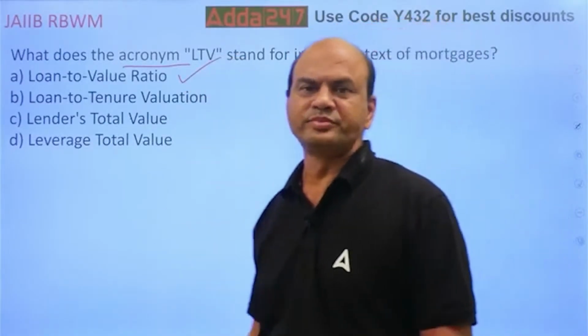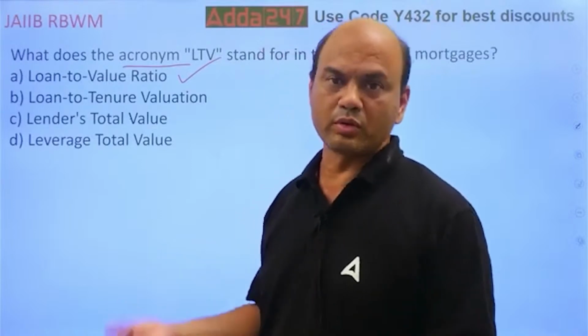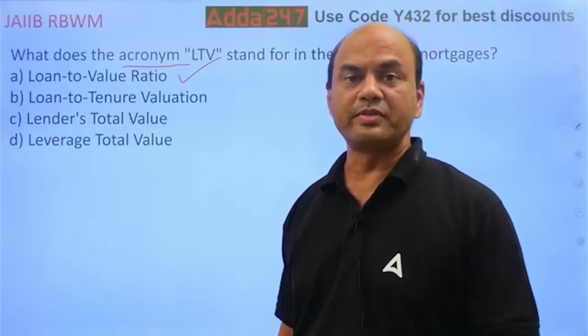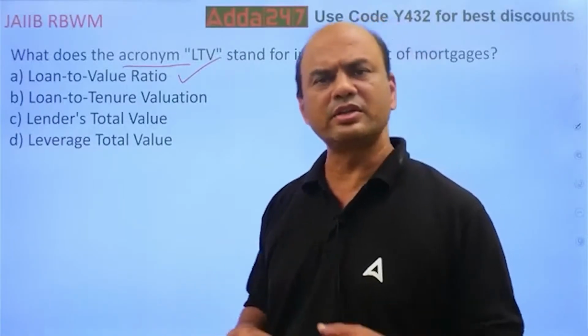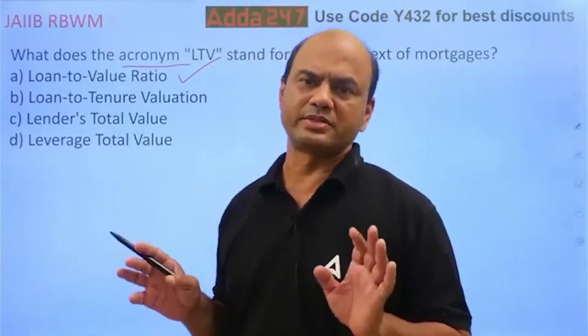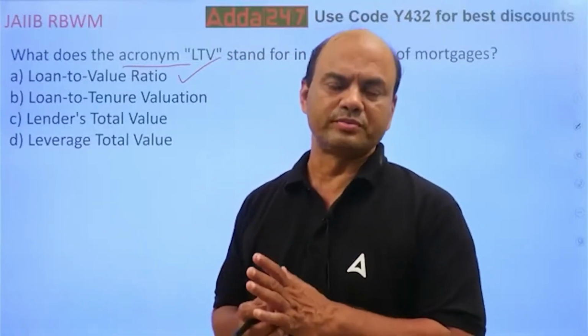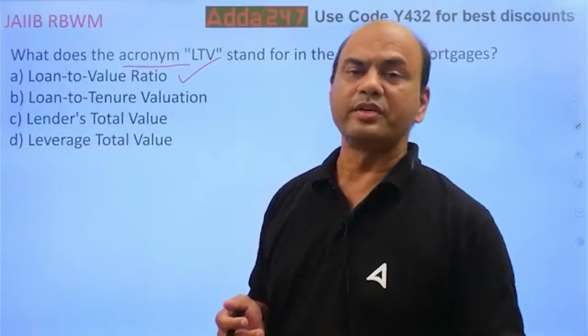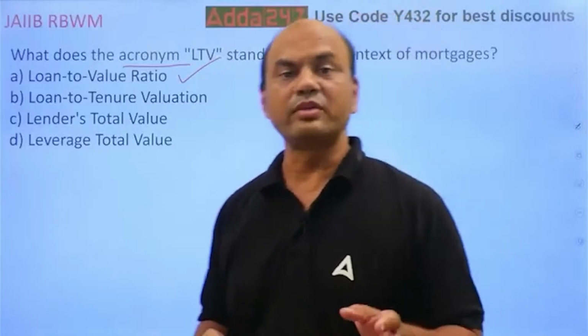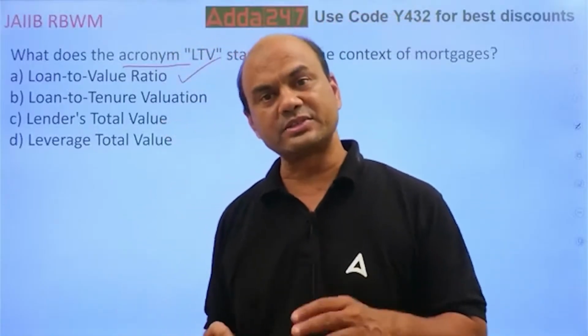Suppose my property is of 1 crore, how much loan can the bank give? Anywhere I am doing the mortgage, there is an LTV ratio. Let's say I am getting a home loan. What is the value of that house versus what is the loan given?